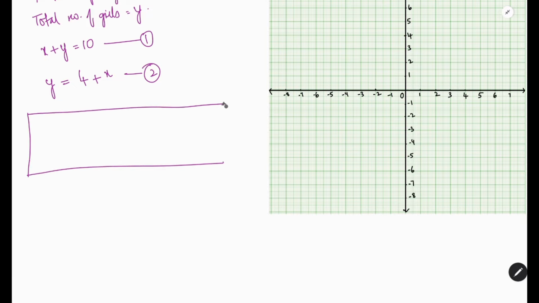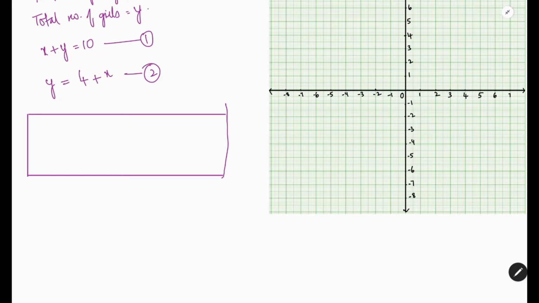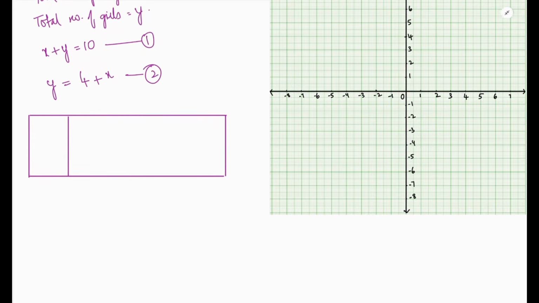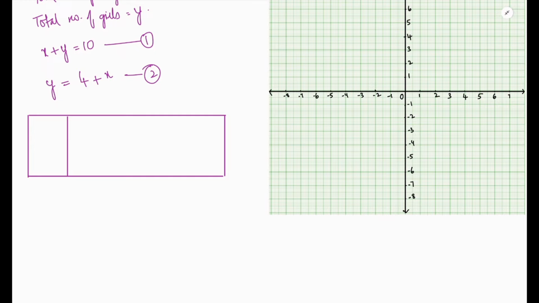Okay, in the first equation, take this first equation. If x equal to 4, then 4 plus y equal to 10, then y equal to 10 minus 4 equal to 6.